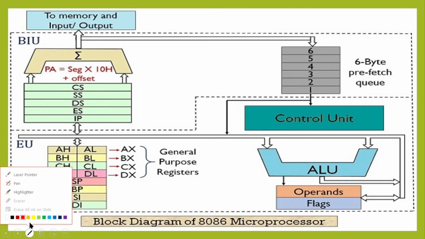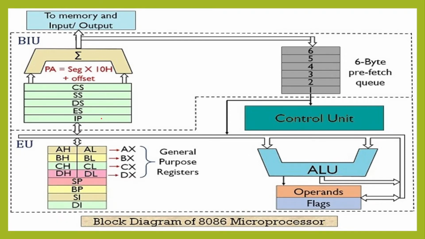Let us take a small example. Suppose the instruction pointer holds 3C8A. This is the offset address. Then the code segment holds, for example, 223B.